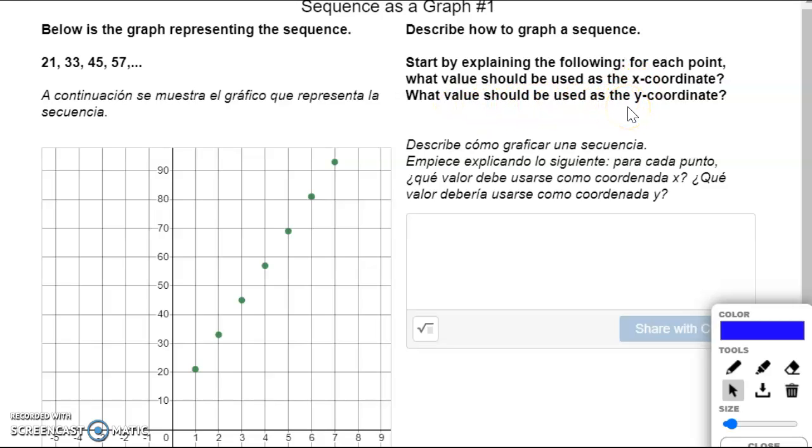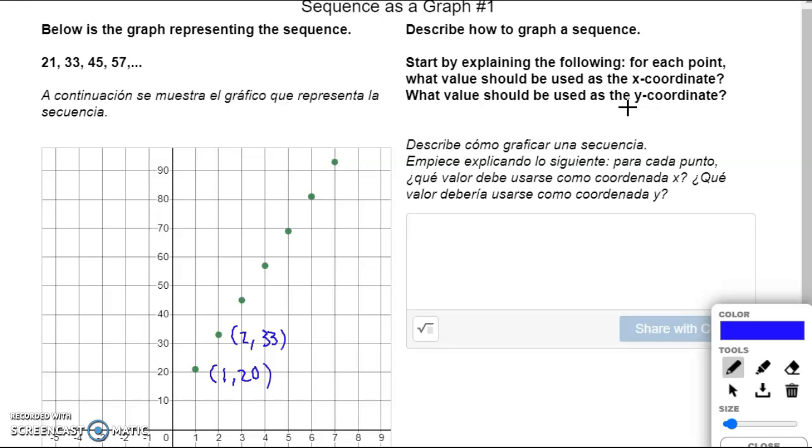Okay, so let's start by writing down what is the coordinate for this. In this case, the x-coordinate is 1, the y-coordinate is 20. And in this case, x-coordinate is 2, and y-coordinate is somewhere between 30 and 40. I'm going to guess 33.